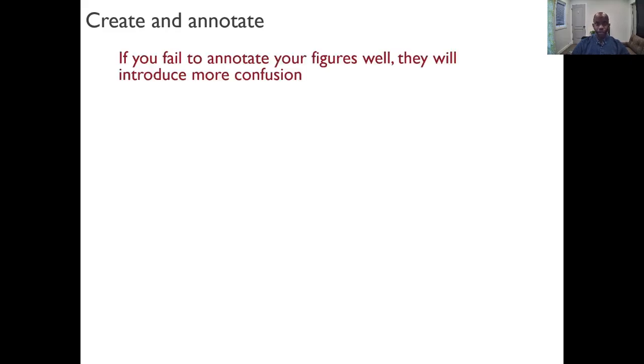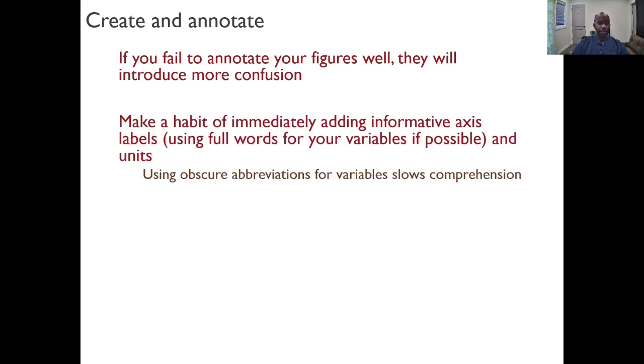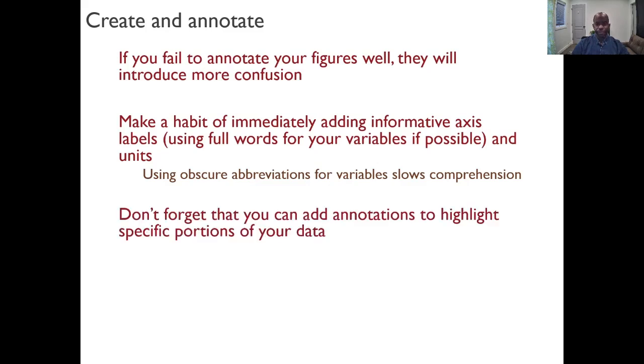So once you have thought about how you're going to specify different properties, you then create your figure and add annotations. So annotations, of course, are necessary to make sure that you reduce confusion by the reader or your audience. Things you should immediately do whenever you create a figure are add axis labels, ideally using full words without abbreviations, and including units when relevant.